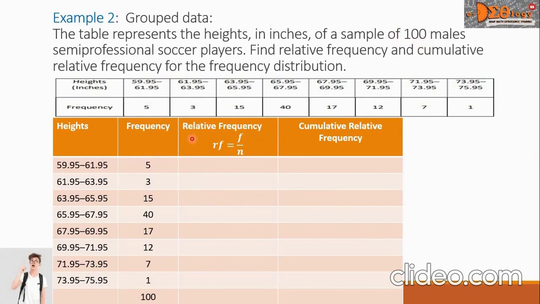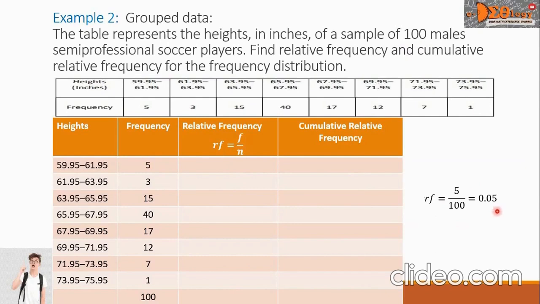Next is the relative frequency. This time, we are going to use this formula to express and show that relative frequency can be decimals also. Let's begin with our first blank. So RF equals the F, and that is the 5, over the N, which is 100. And the quotient is 0.05.